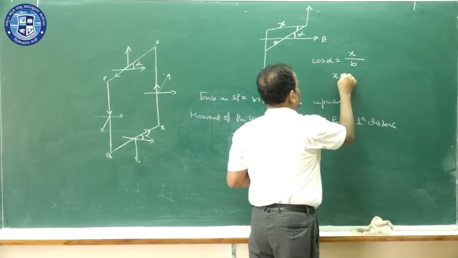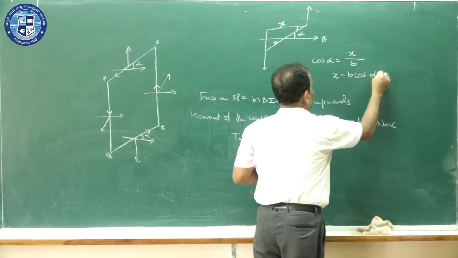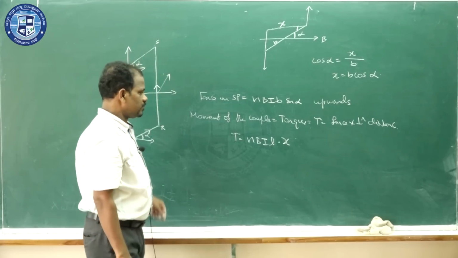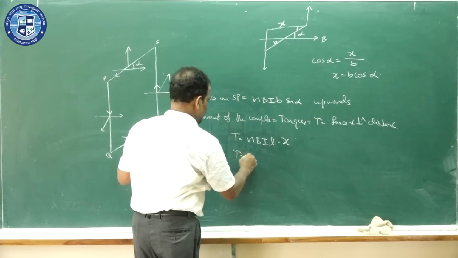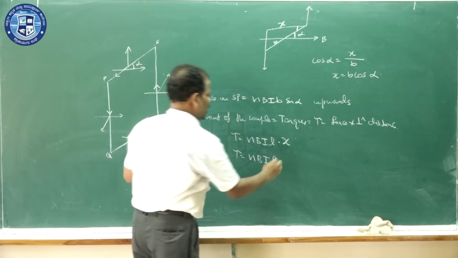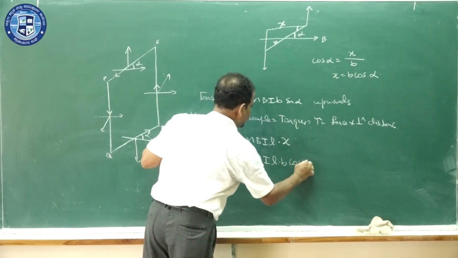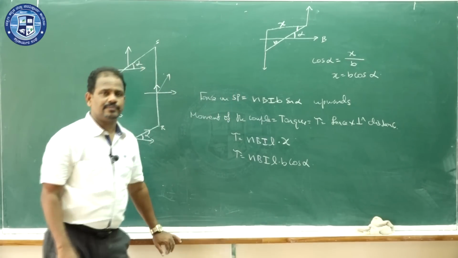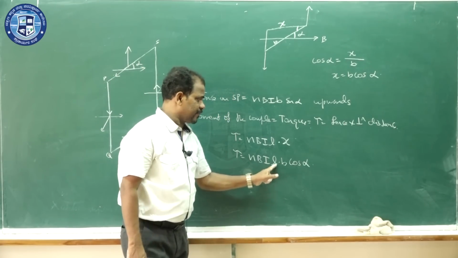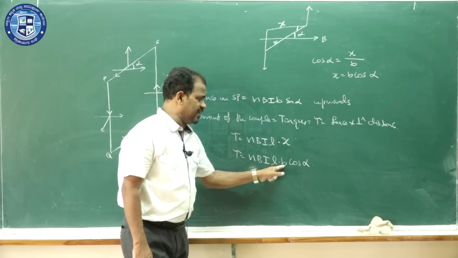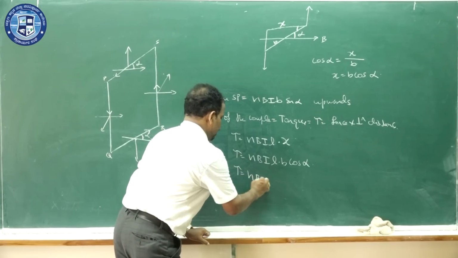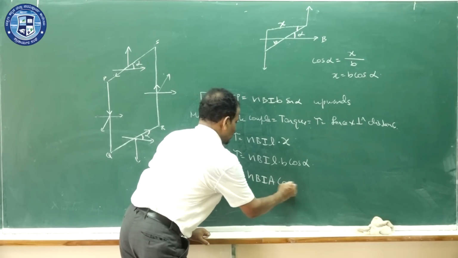Therefore, x is equal to b cos alpha. Therefore, tau is equal to N B I into b cos alpha. What is L into B? L is the length and B is the breadth of the coil, so L into B is area. So tau is equal to N B I A cos alpha.